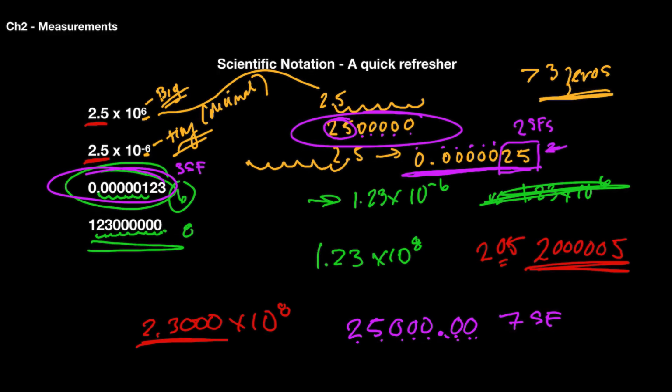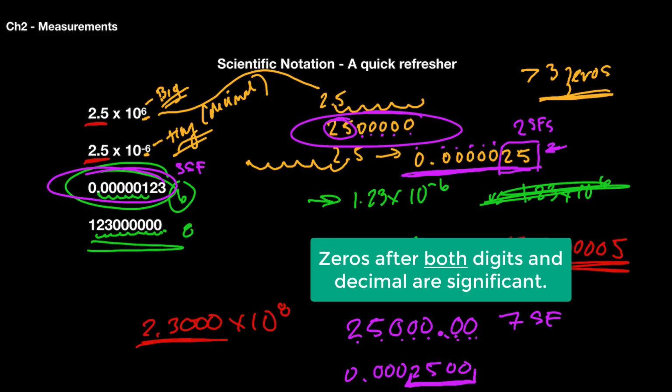Going back up here, let's say that I did that and I put some more zeros at the end. So now all of these are significant, right? So you'll see that the trend between here and here is: if zeros are after both digits and decimals, they are significant.